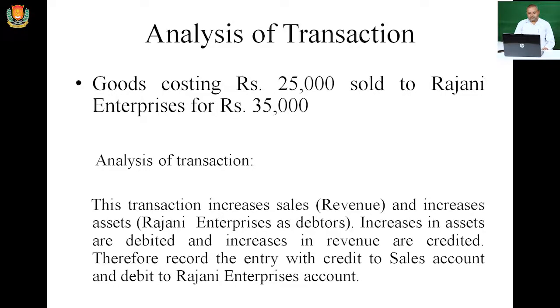To whom we sell goods, they are called debtors, and from whom we make purchases, they are called creditors. So here Rajni Enterprises is a debtor for the business enterprise. Increase in assets are debited and increase in revenue are credited. Therefore, the record will be maintained as credit to sales account and debit to Rajni Enterprises account. So accounting entry will be Rajni Enterprises debit to sales account.